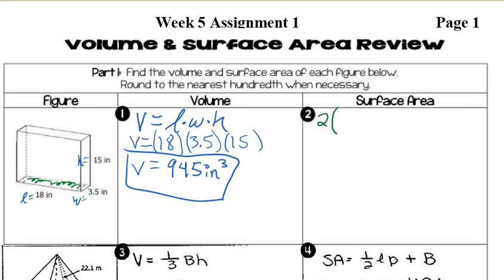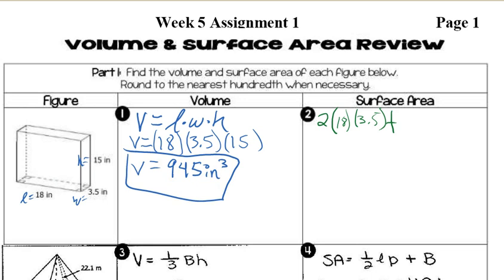So it's going to be 2 times 18 times 3.5. Plus, so that's that one. That's this one and this one. Okay, that's those 2.